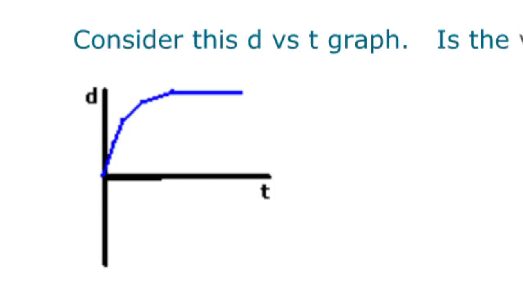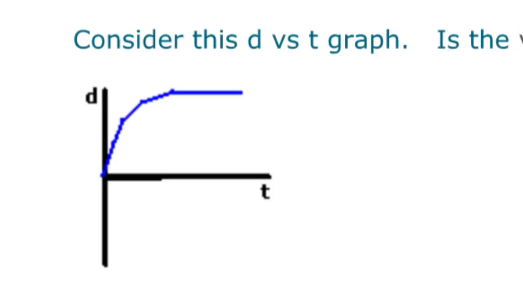What makes this line look different than the other lines we've been drawing on our graphs? It's blue. We haven't seen any blue lines yet. So every single graph we've drawn up to this point has had a completely straight line. And this line is curved.